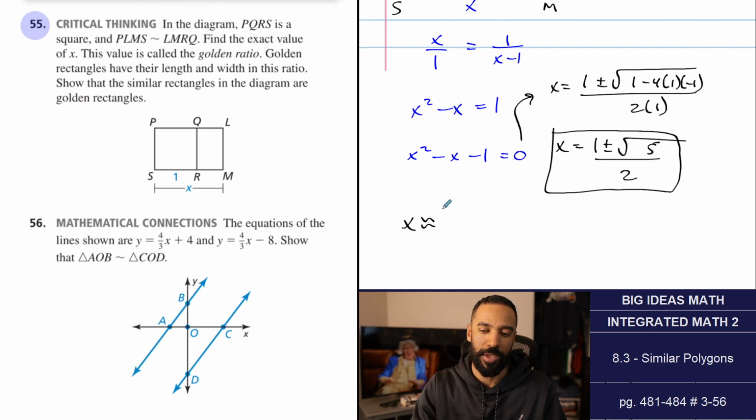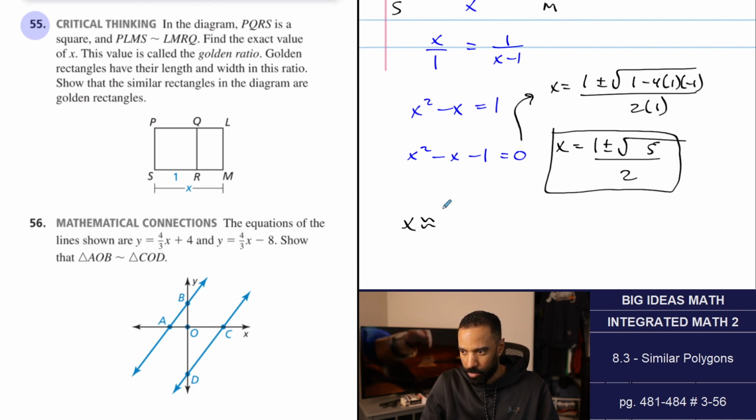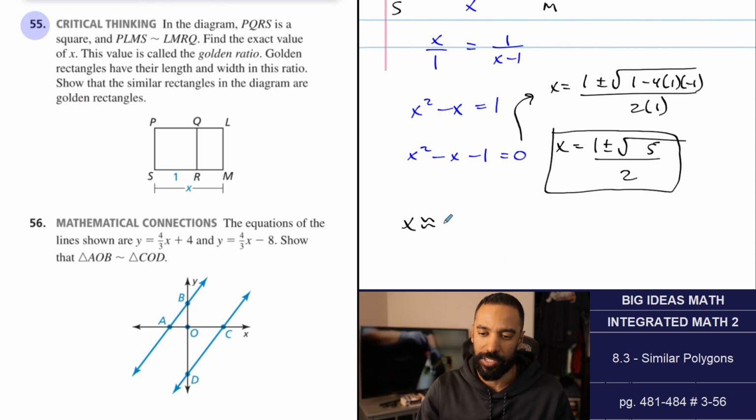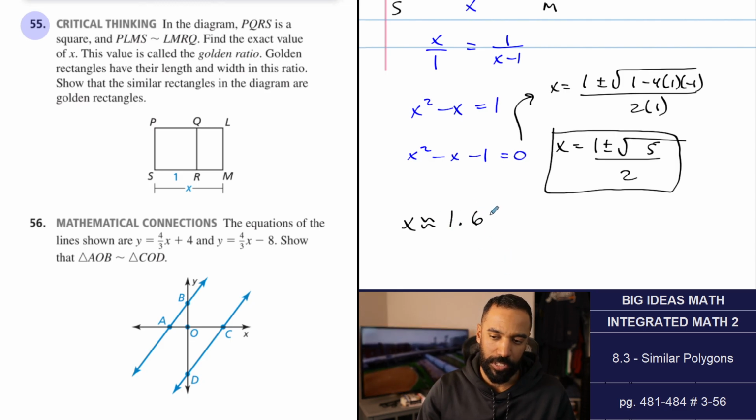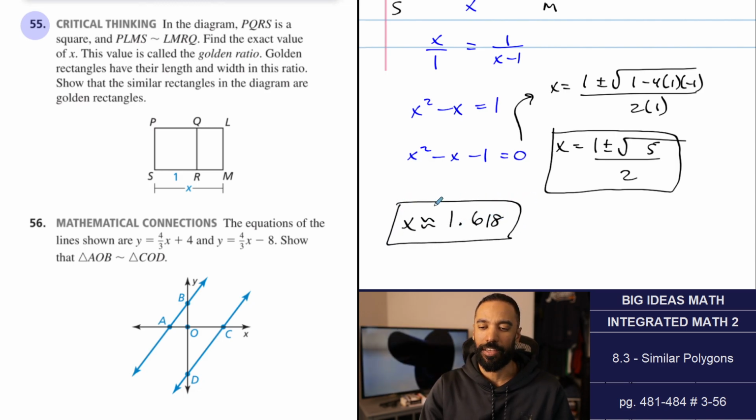Let me give you their approximations and show you that you can try that with that proportion. 1 plus the square root of 5, divided by 2. So I got 1.618 for that value of x.